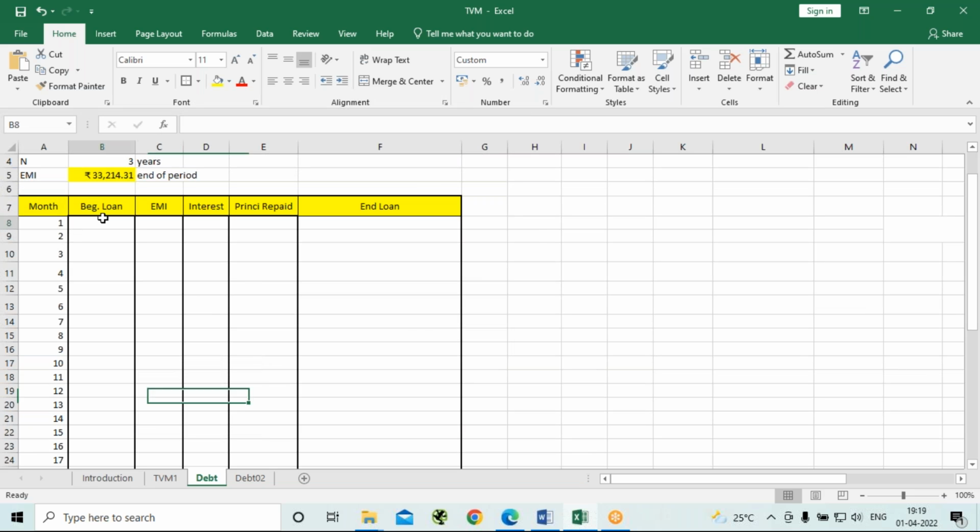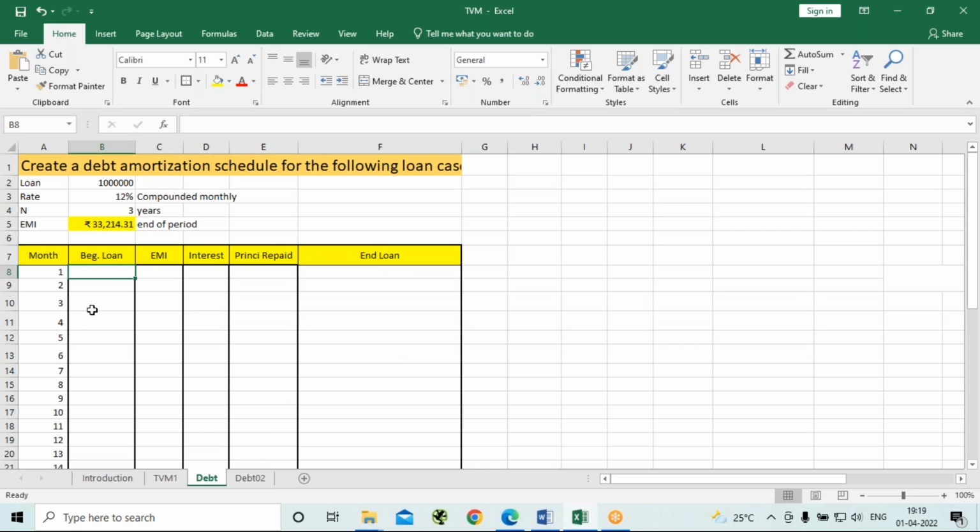Now, what is the beginning loan value? What is the amount we are going to start with? Here I'm going to bring that beginning value as equals to 10 lakh, or I can type it manually.